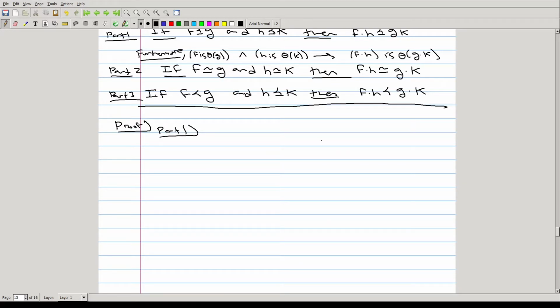For part 1, we have to assume that f is dominated above by g and h is dominated above by k, which means that there exist k1, k2, and c1, c2, such that the absolute value of f of x is less than or equal to c1 times the absolute value of g of x.